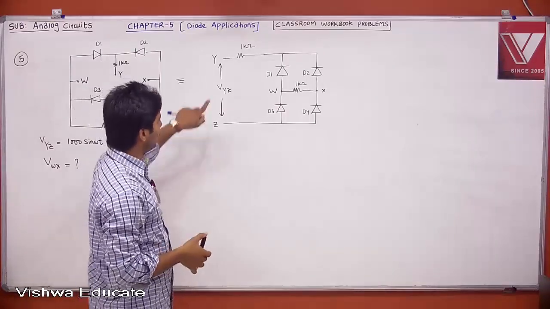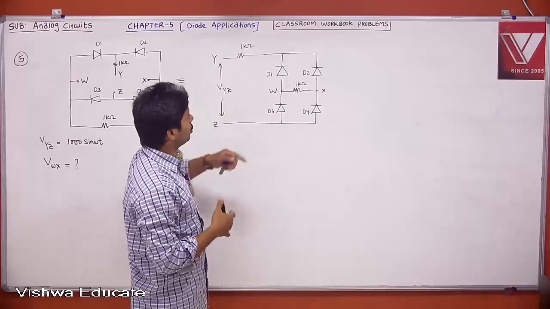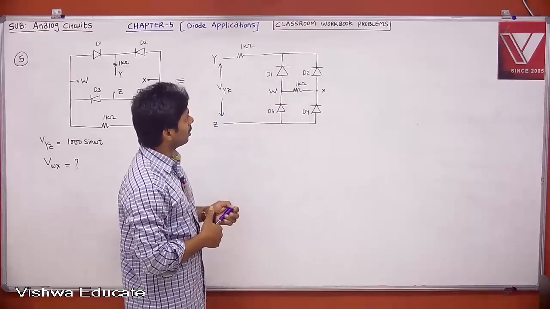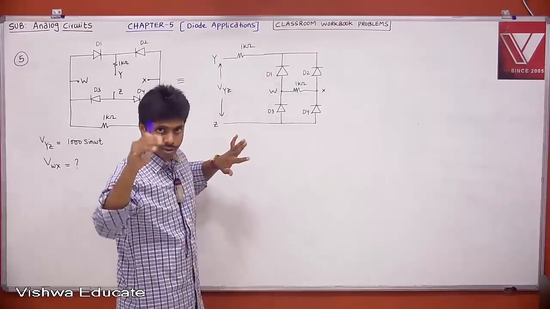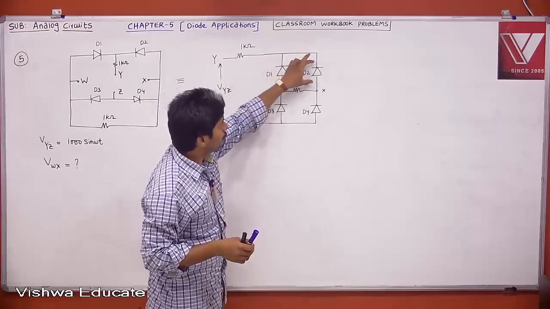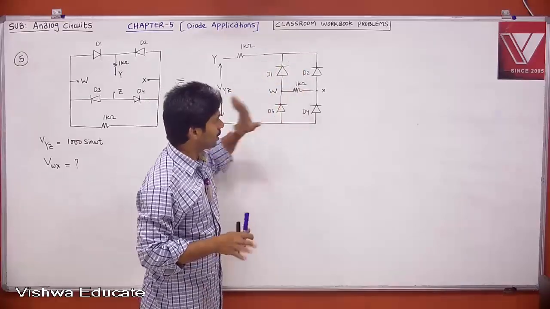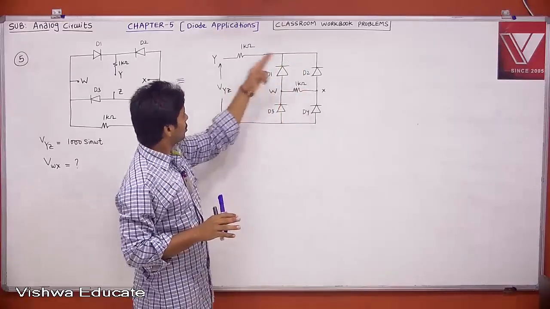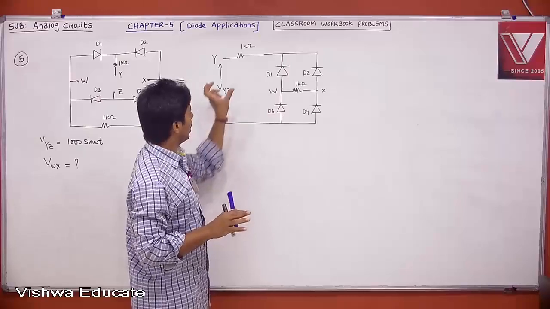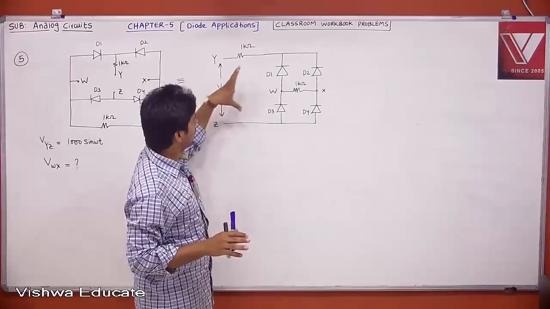Tell me, when VYZ is positive, you open all the diodes. I am not writing it, just visualize. Open this, open this, open, open, then there is no current flowing through it, so there is no drop, and whatever voltage is applied, the same thing comes here.